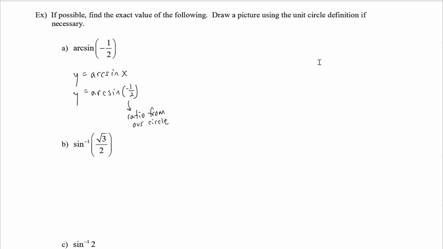So let's see here. We should probably write that for this first one. This is asking us to find an angle y such that it's got to be between -π/2 and π/2, whose sine ratio is 1/2.